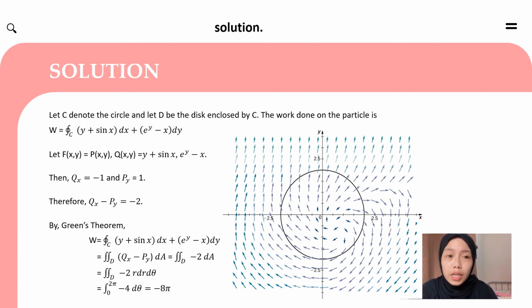Then we differentiate Q with respect to x, which is negative 1, and differentiate P with respect to y, which is 1. Therefore, the derivative of Q with respect to x minus the derivative of P with respect to y equals negative 2. By Green's theorem, we double integrate over the region D, Qx minus Py dA.